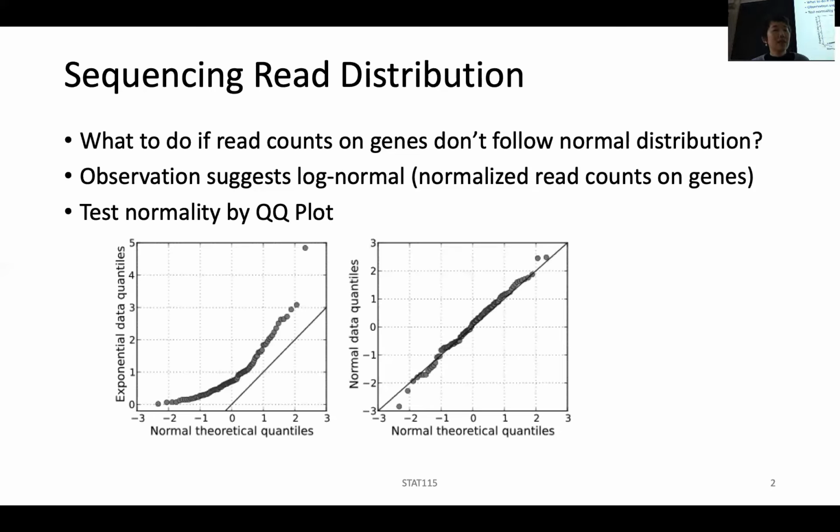For that, you can test normality by QQ plot. There's a standard R function. Basically, you know that for a regular normal distribution, how much data needs to be in certain quantiles, roughly what range.